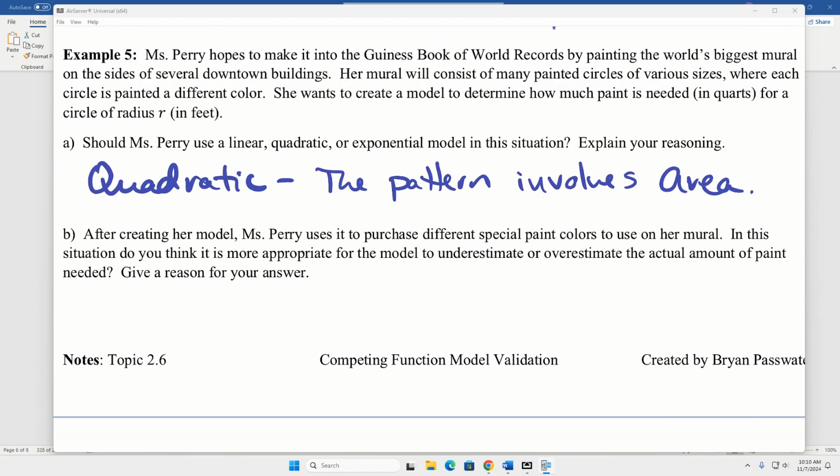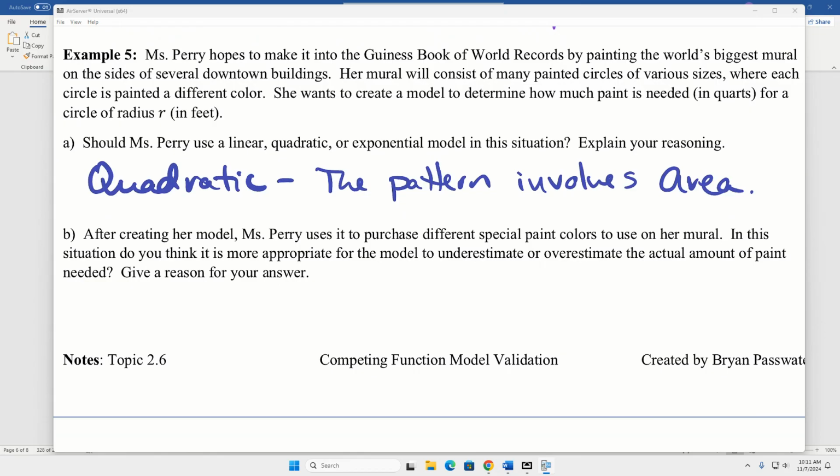And I think that might be under, because then you have to go back and touch up mistakes that you made. You might actually use more paint than not. So I honestly don't know. You can answer this whichever way you want to. I saw what the answer key said, but it doesn't feel right to me. So either way, this is more like an opinion question. If you think about what would be helpful, or if you think about what might actually happen in the painting of this mural.